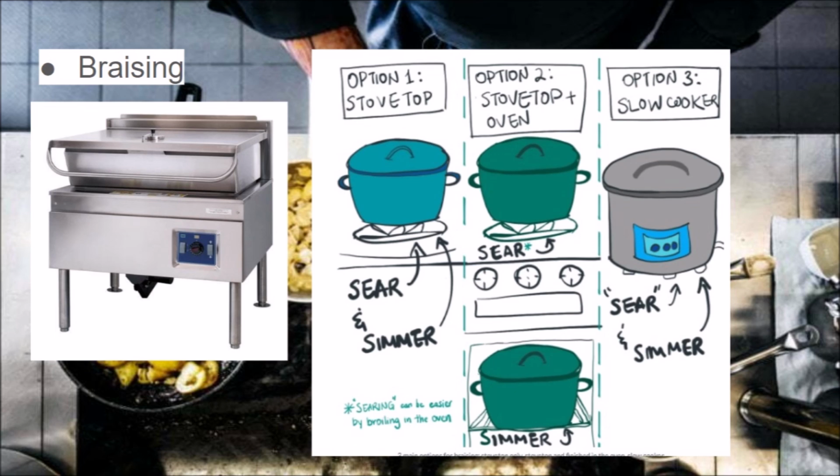For braising, the industrial option would be to get a tilting braise machine, but in most traditional ways or in your house, you can always use, for example, a stove pot where you are going to sear and simmer. Then you have a stove top plus the oven where you let the simmering happen inside the oven. And number three, you can use a slow cooker, which is usually a kitchen robot.